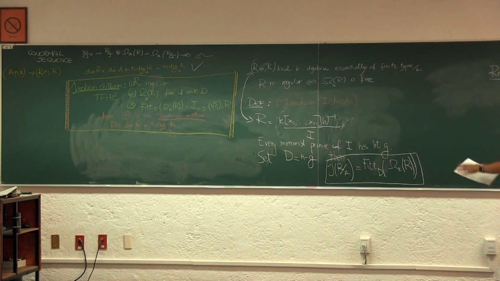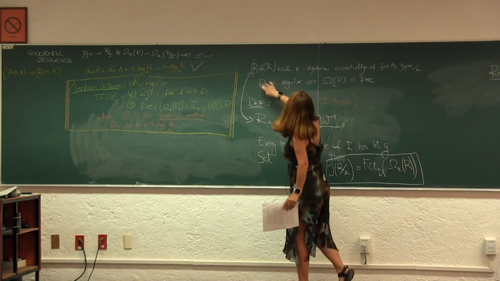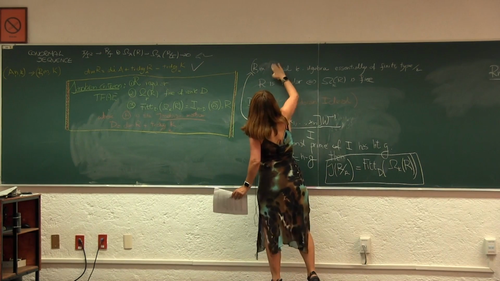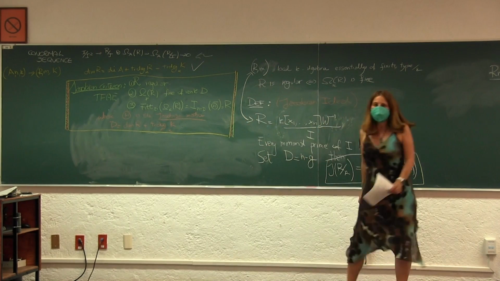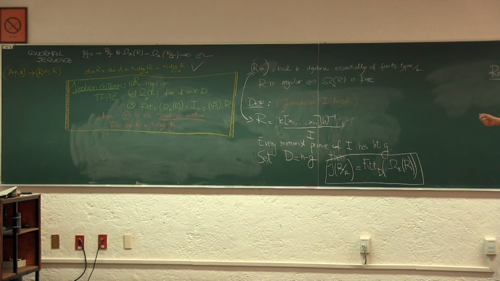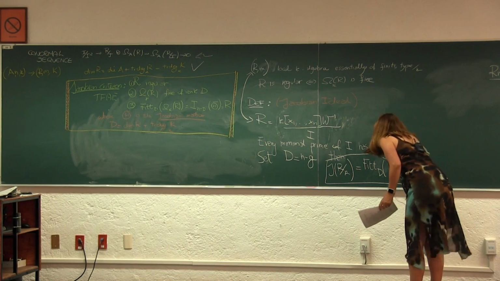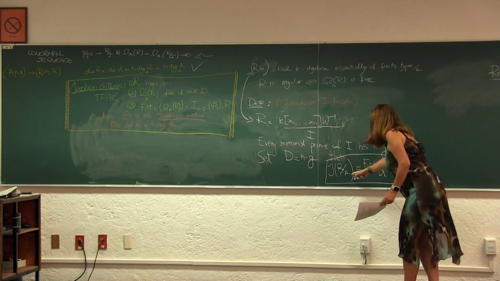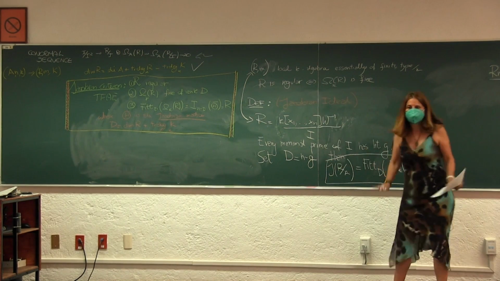Big K doesn't appear here. I didn't need it, even here I didn't need it. I now need it in the definition of the Jacobian ideal. Yes, everything is little k. This is little k. There is no big K. Okay.